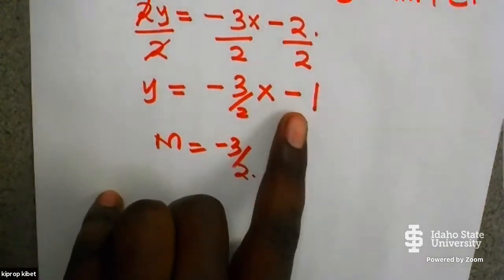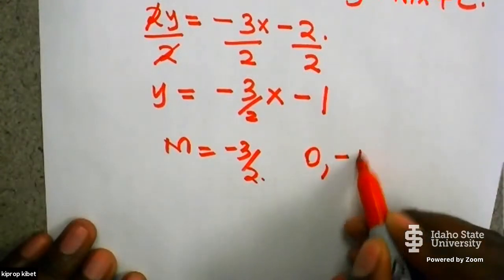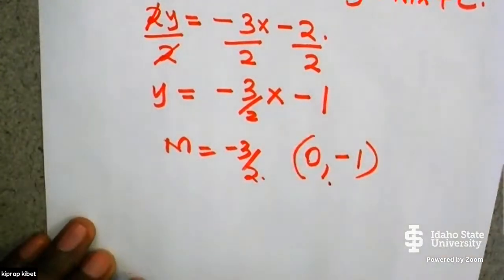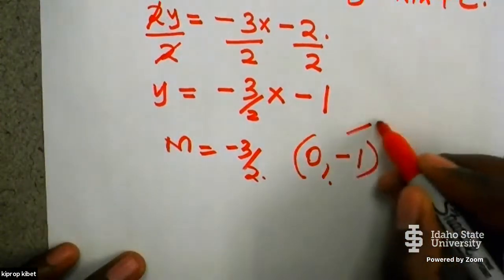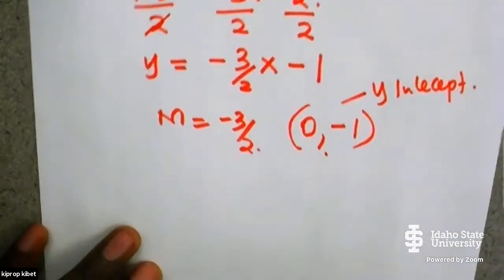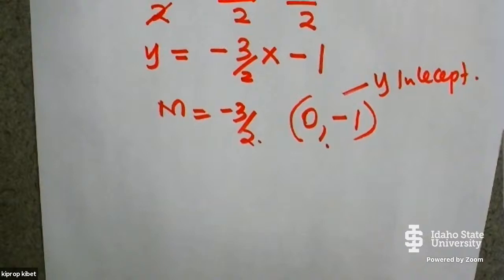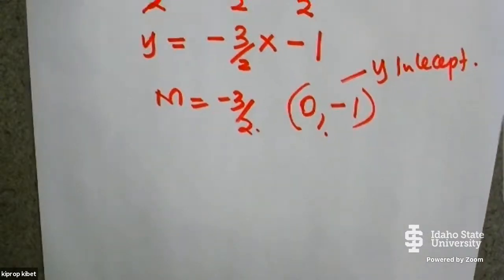When x equals 0, it will be 0 and -1. So this is our y-intercept. That is our y-intercept.